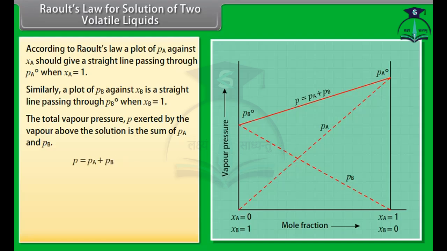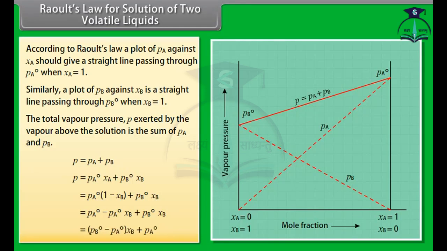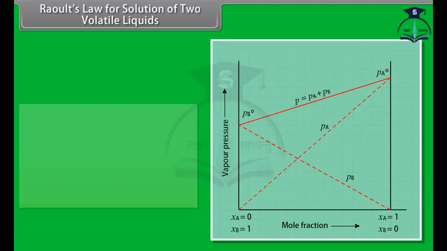P = PA + PB. By putting XA = 1 - XB, we get the relation P = (PB° - PA°) XB + PA°.